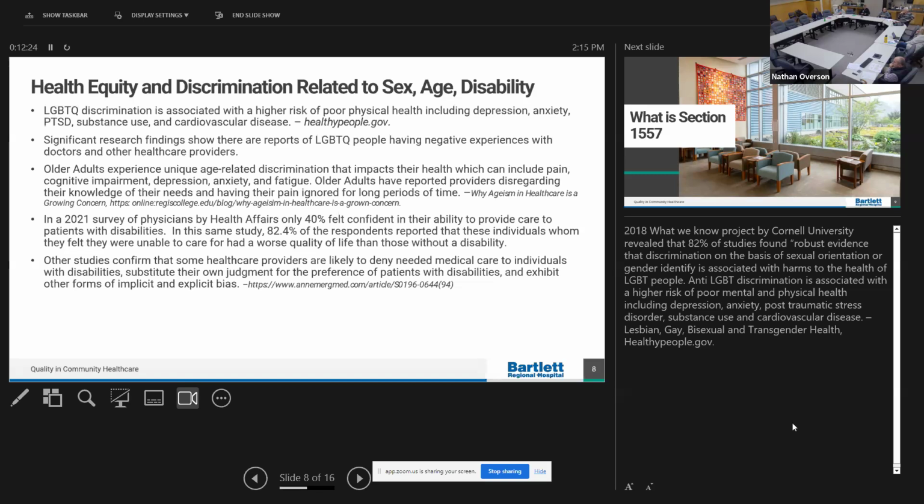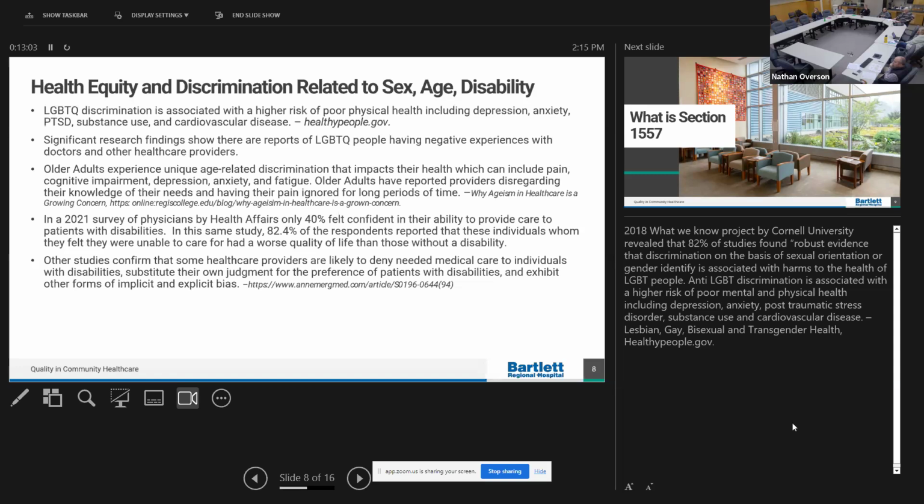If you look at the Regis College studies, it matters because our population in Juneau is aging out. So that is something we need to be aware of as a hospital system, meeting the needs of our aging population. And then the Health Affairs study on disabilities. That was another quite shocking one to look at: care of people with disabilities, making their preferences.